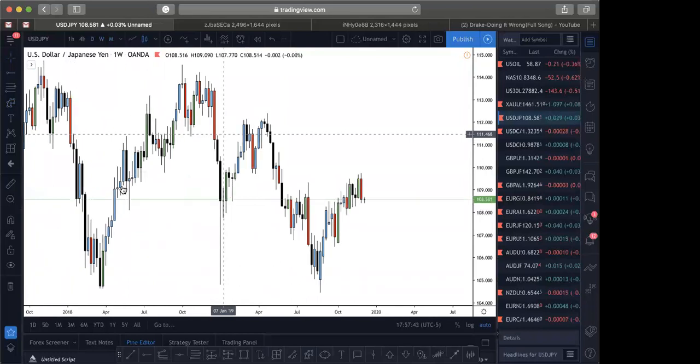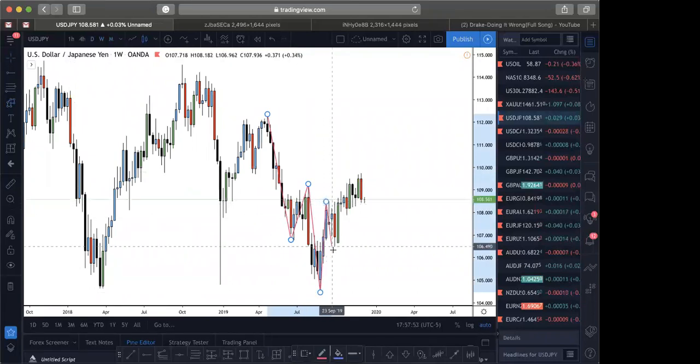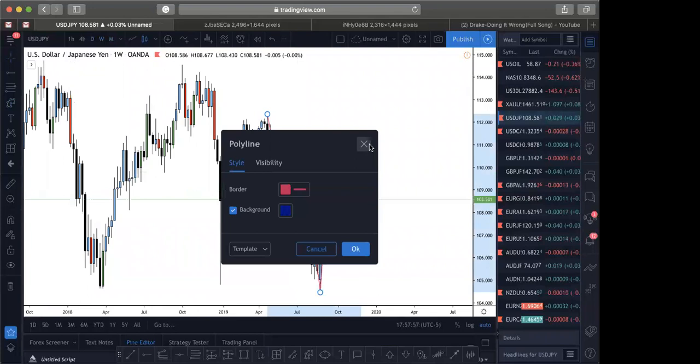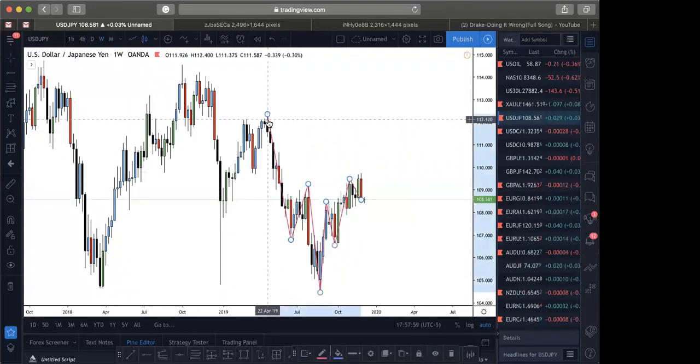Monthly is down. Weekly seems to be going up. So for the first time, we've met a pair which monthly and weekly time frame is not aligned.